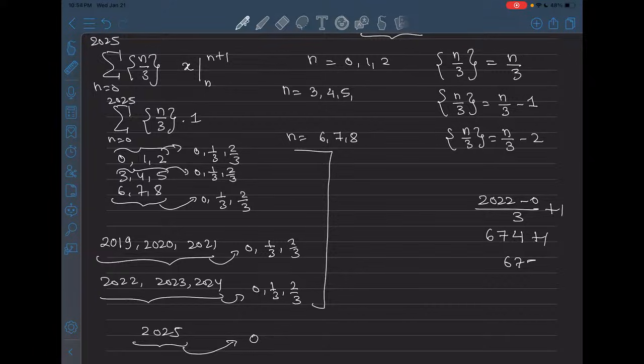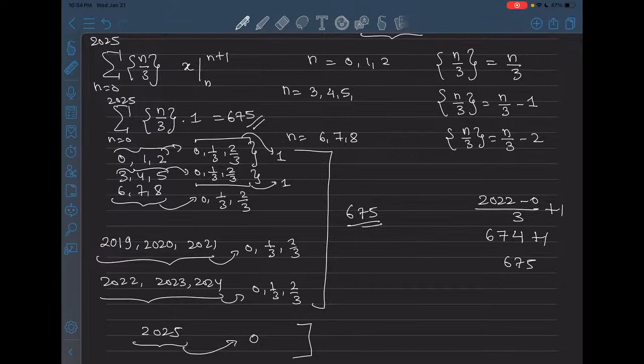So there are 675 such sets over here, right? And each set contributes just 1. If we take the sum of this whole thing, that sum is just 1, right? So everything just contributes 1, and there are 675 sets. The last thing just contributes 0, so this sum should be 675, and that is the answer, guys.